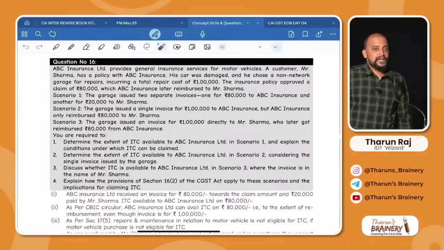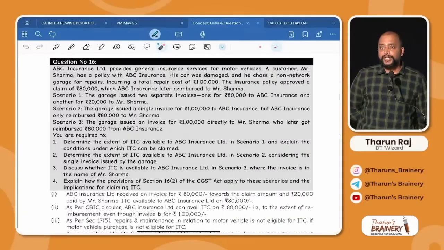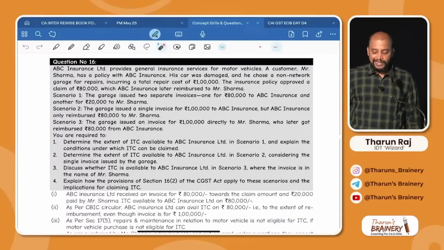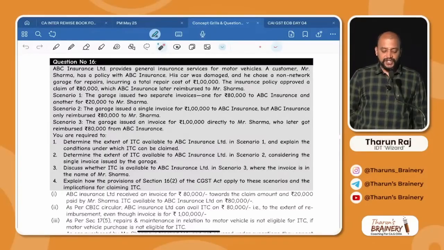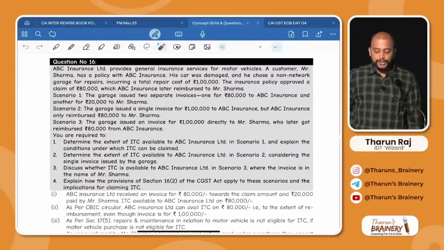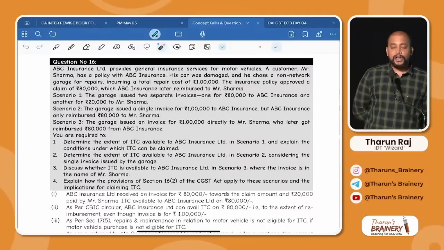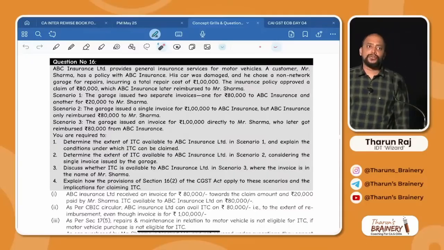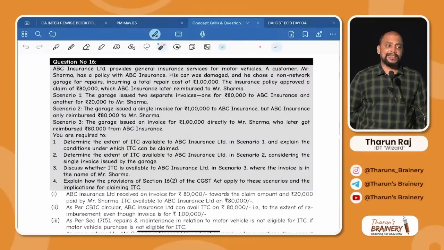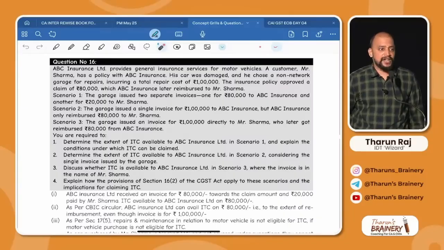ABC Insurance Limited provides general insurance services for motor vehicles. A customer, Mr. Sharma, has a policy with ABC Insurance. His car was damaged and he chose a non-network garage for repairs. Non-network garage for repairs means usually they will pay first and thereafter the insurance company will reimburse.